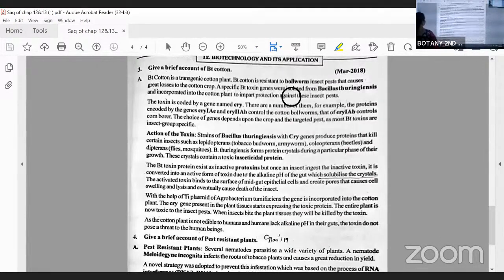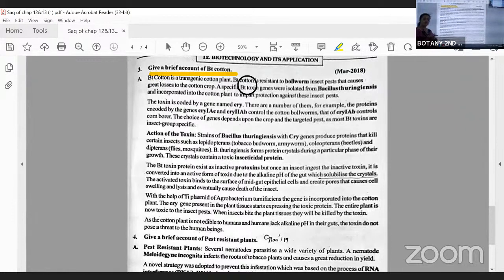Now everyone can say it very clearly. So whenever this question comes, what we have to write over here is the most important one. BT cotton is a transgenic plant, that is, we changed the genotype of the BT cotton variety only.